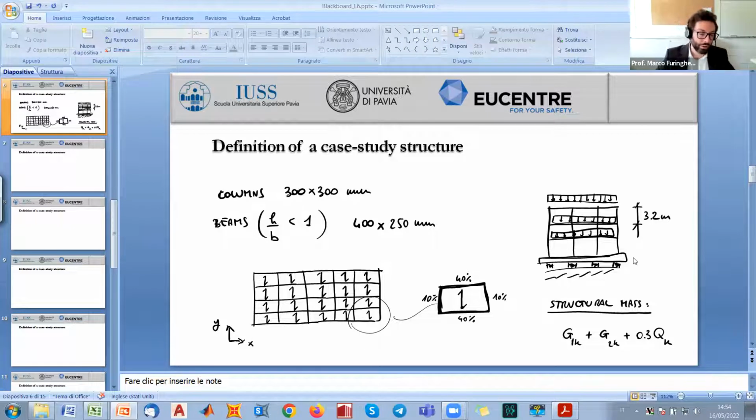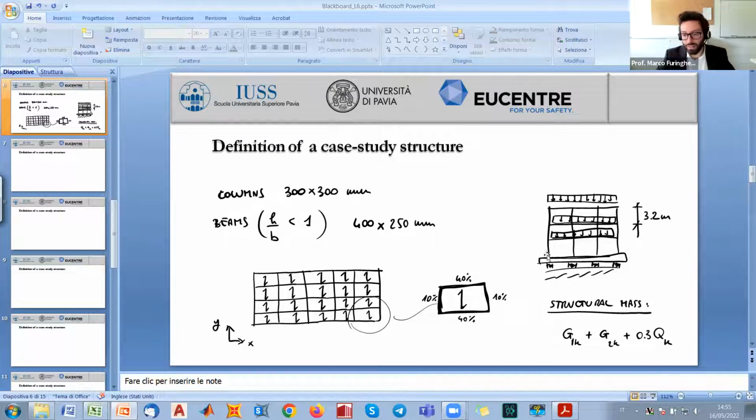We don't have the G1K, but we will have G2K and QK, 30% of it. Because here G1K is already represented by the mass of the plate.